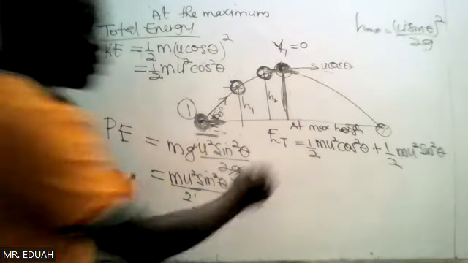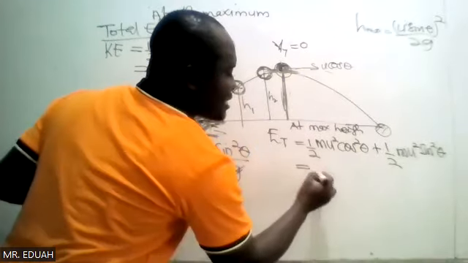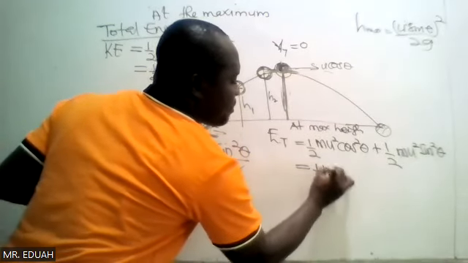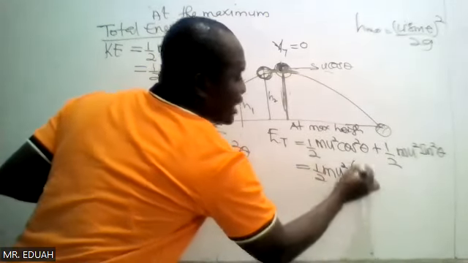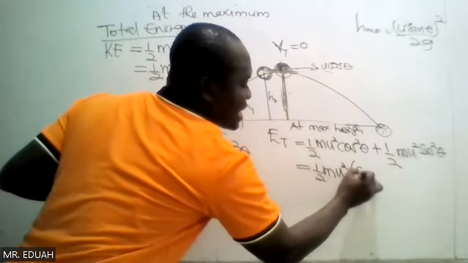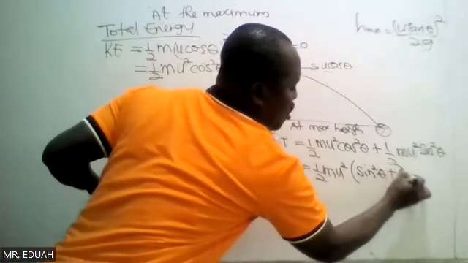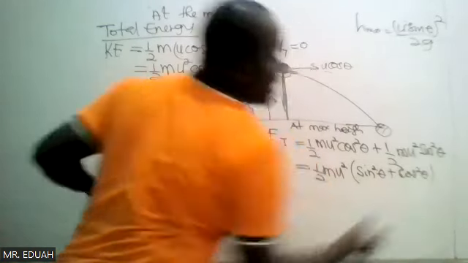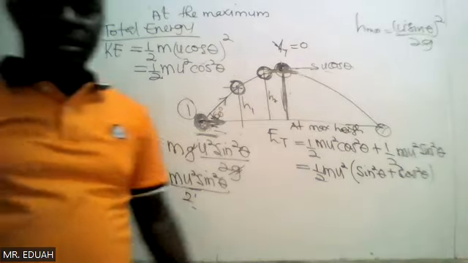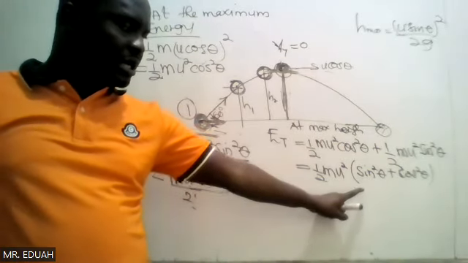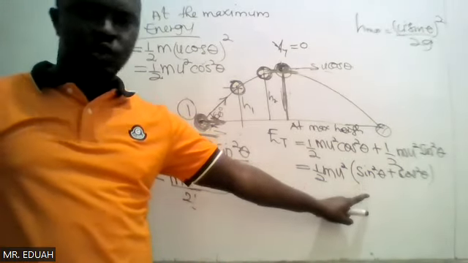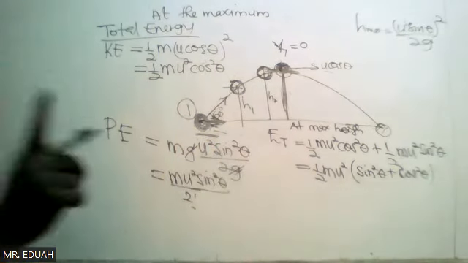Okay. So we can factorize out half m u squared. Then within the bracket, we have sine squared theta plus cos squared theta. In trigonometry, sine squared theta plus cos squared theta is equal to 1.